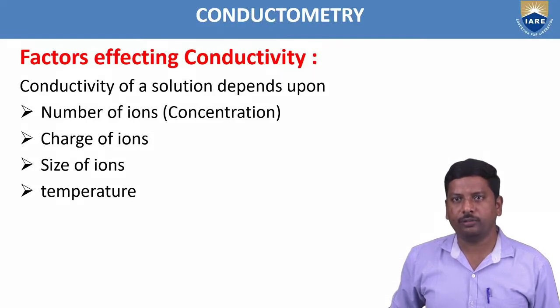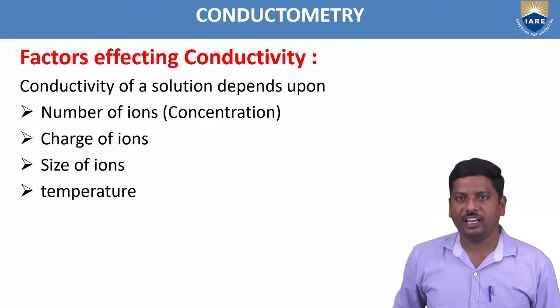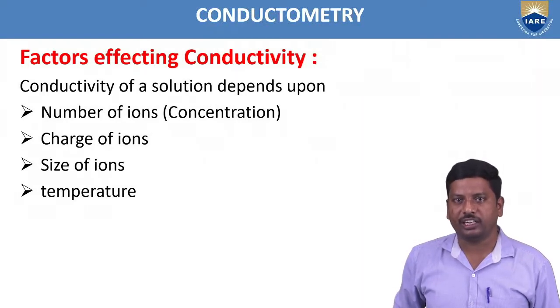There are mainly four factors which affect the conductivity. First is the number of the ions, that is, the concentration of the species. Second is the charge of the ions, which may be either positive or negative. Third is the size of the ions. And final is the temperature. Let us explain whether each is directly or inversely proportional to conductivity.